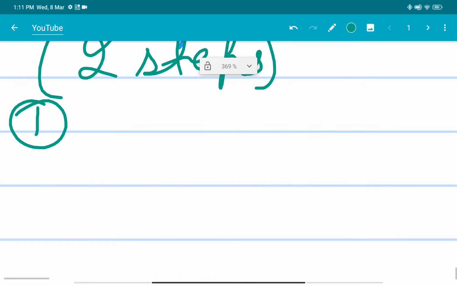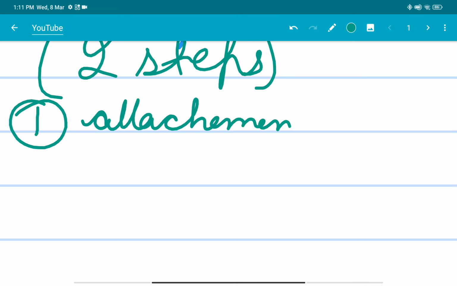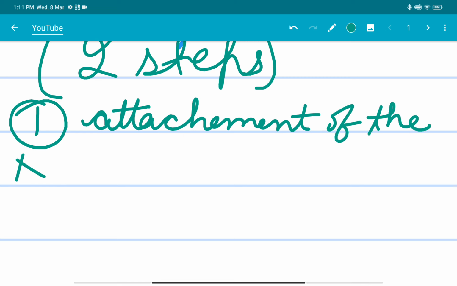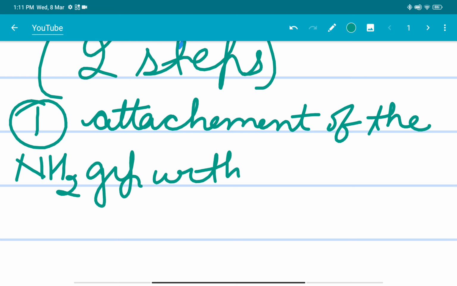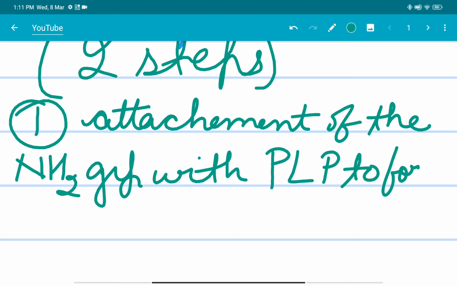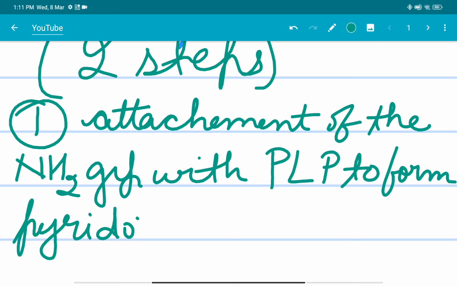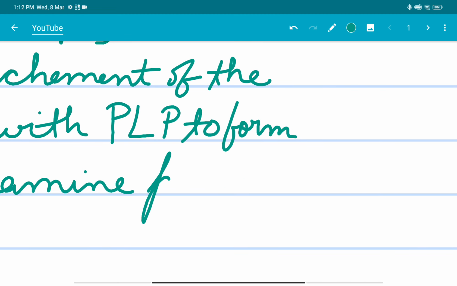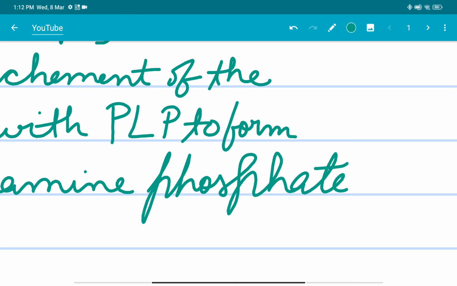First step is the attachment of the amino group with pyridoxal phosphate to form pyridoxamine phosphate. Fine. This is the number one step.